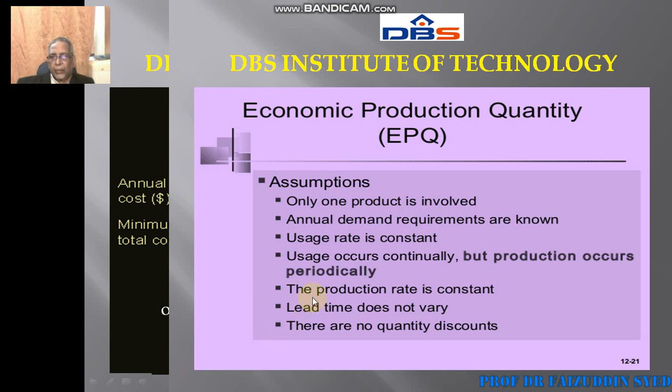The production rate is constant, whether we are going to produce at a constant rate or not. The lead time does not vary. It's always constant. There are no quantity discounts for this product.